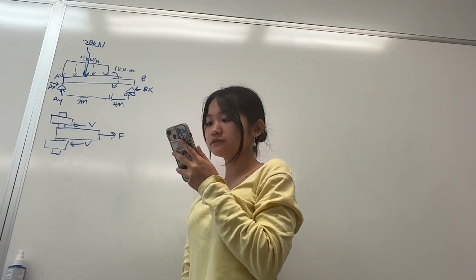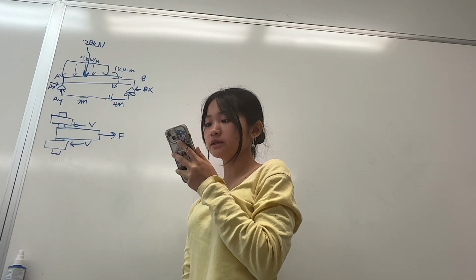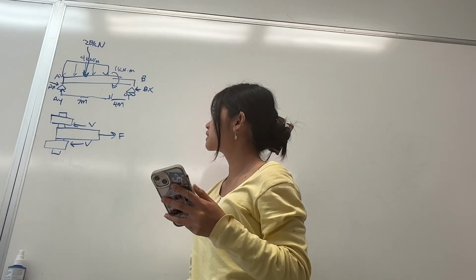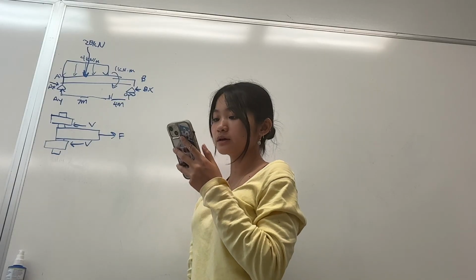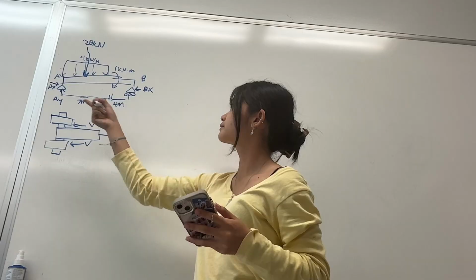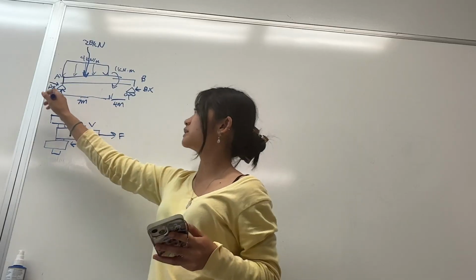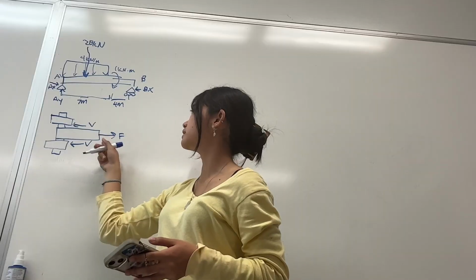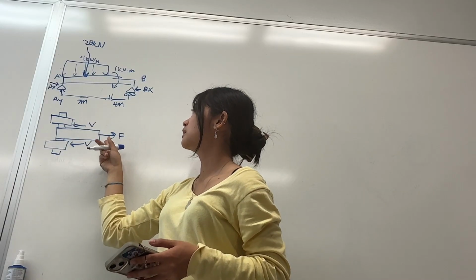So based on the reaction forces at A, determine the required diameter D of the bolt. So we need to find AY, which is going to be this force right here.